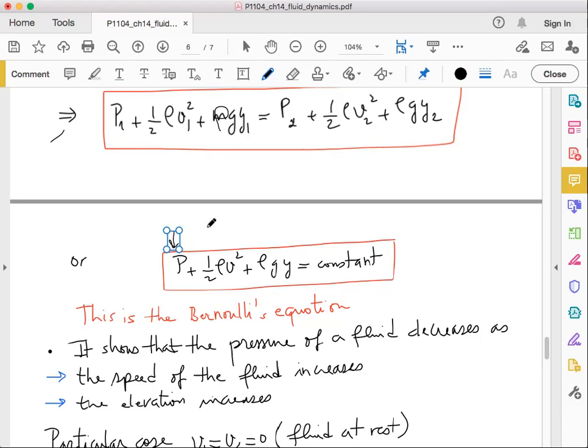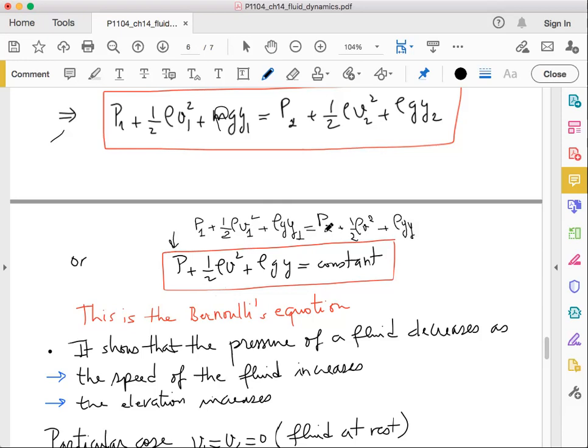And when you want to apply it between two different points, you will write down that this summation at point number 1 is equal to the summation at point number 2. So in other words, you will write down P plus half rho V squared plus rho GY. If they are evaluated at point 1, they correspond to P1 plus half rho V1 squared plus rho GY1, which is equal to P plus half rho V squared plus rho GY evaluated at point 2.